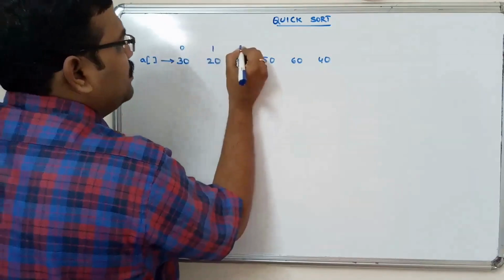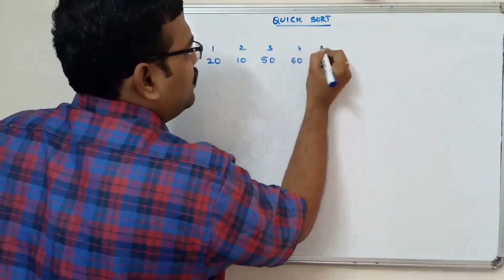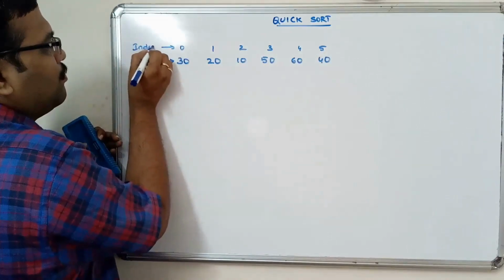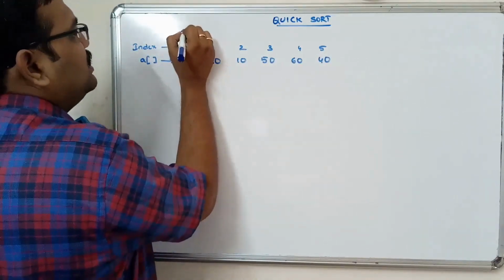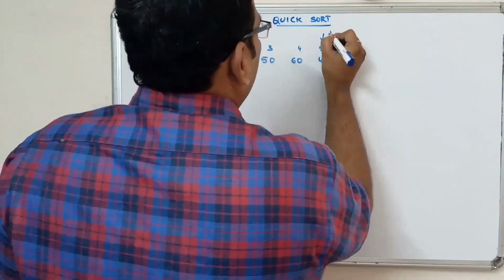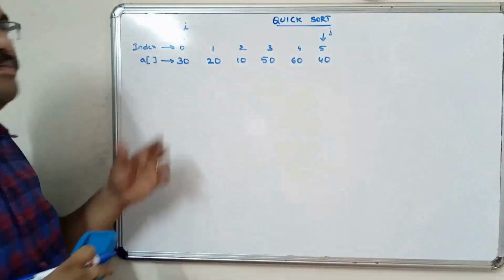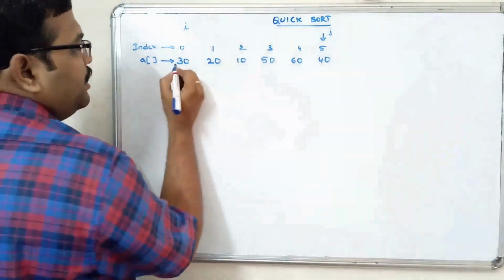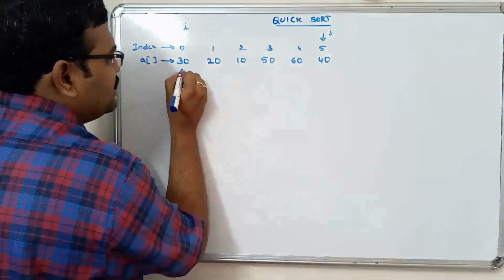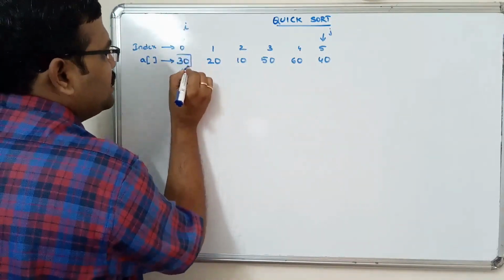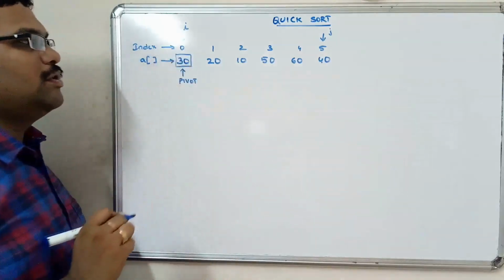These are the indexes. This is the i value. This is the j value. Then consider this element as the pivot.